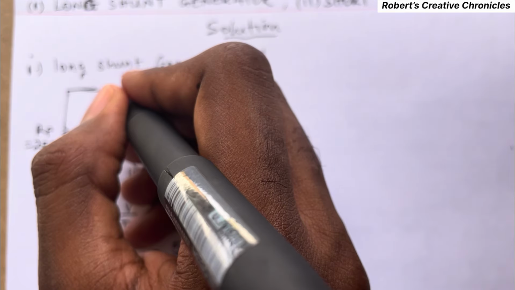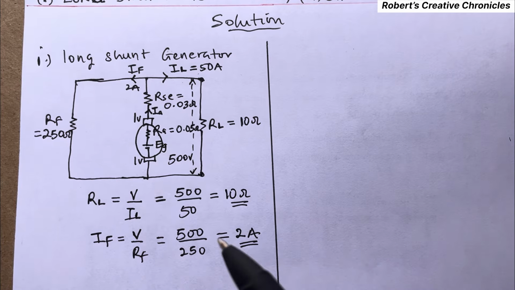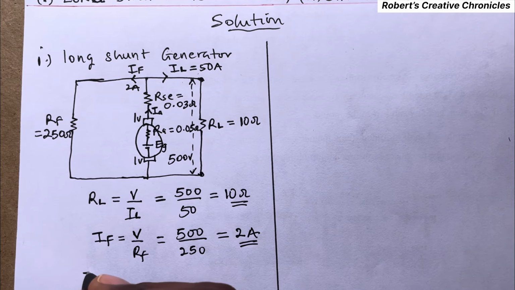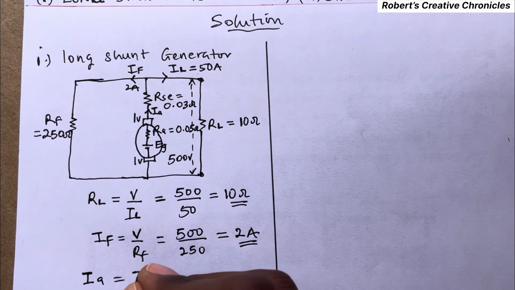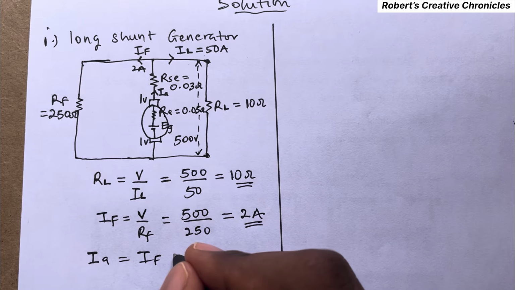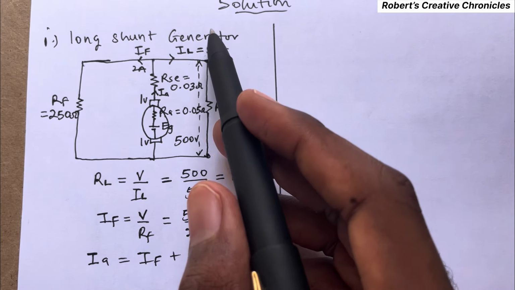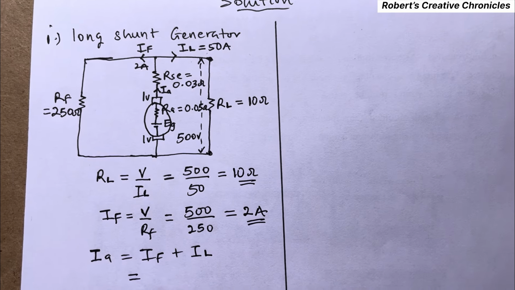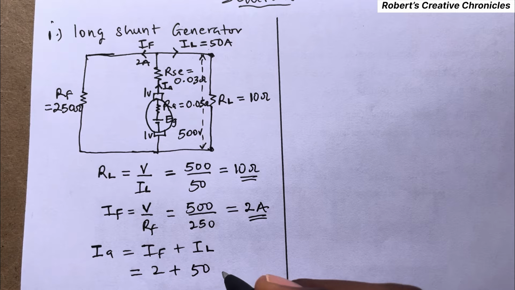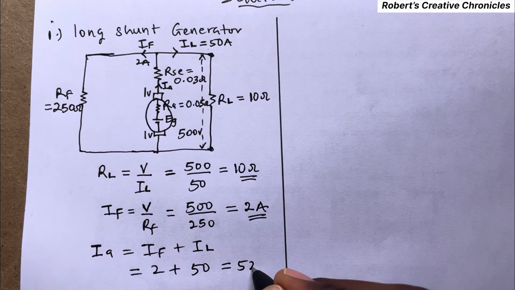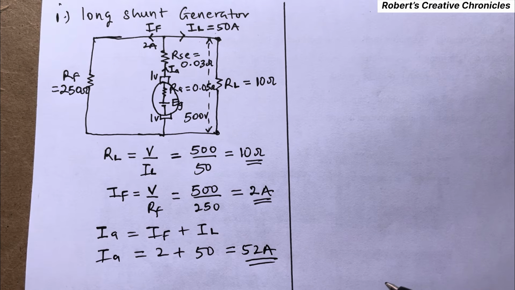IF is 2 ampere. Then we can find IA using Kirchhoff's current law. IA is equal to IF plus IL. We have IL, we have IF. IF is 2 plus 50, which is 52 ampere. IA is 52 ampere.